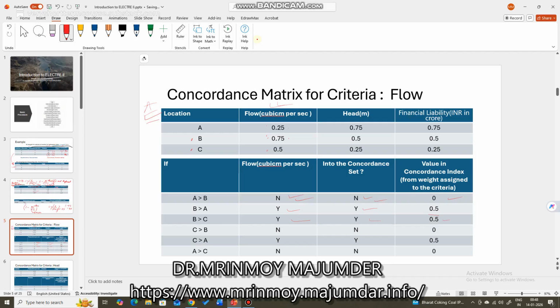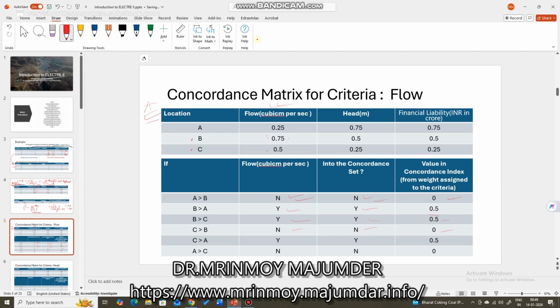But when I compare the reverse, is C greater than B? No. C is 0.5, B is 0.75. C is not greater than B, so no into the concordance set. So no value is assigned.